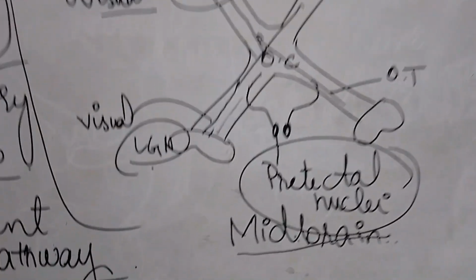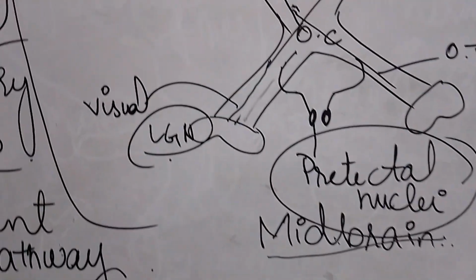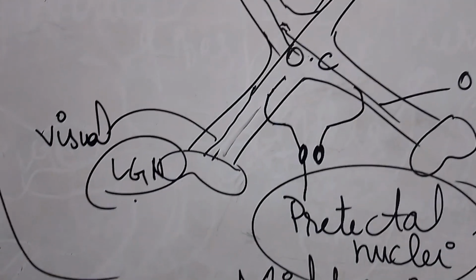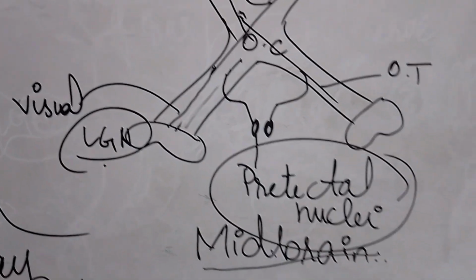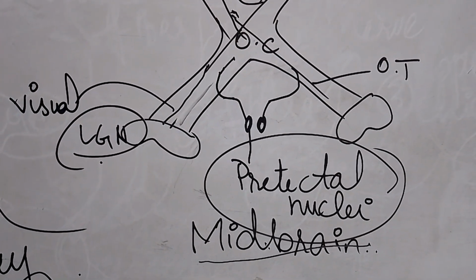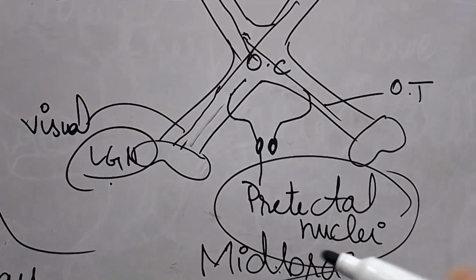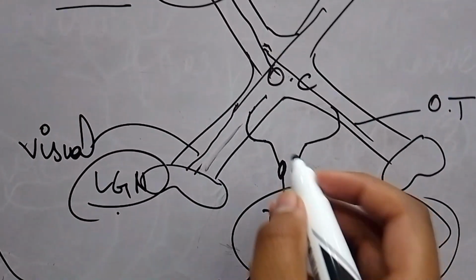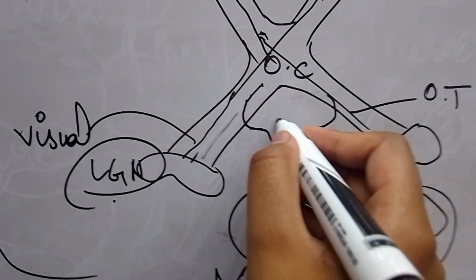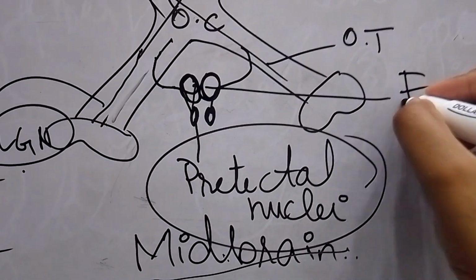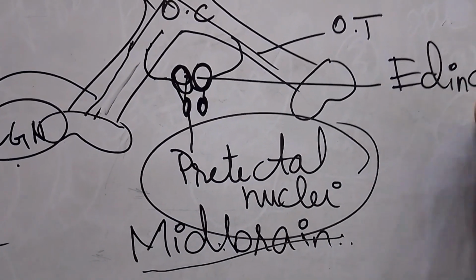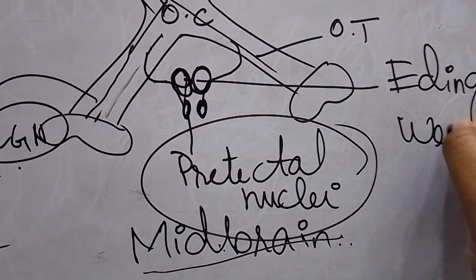At the level of the pretectal nuclei, the motor signals will start. Motor information is carried from the pretectal nuclei towards the third cranial nerve nuclei, which is basically the Edinger-Westphal nucleus.